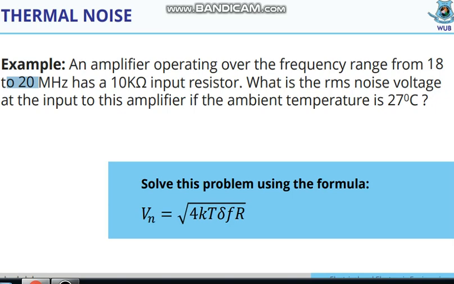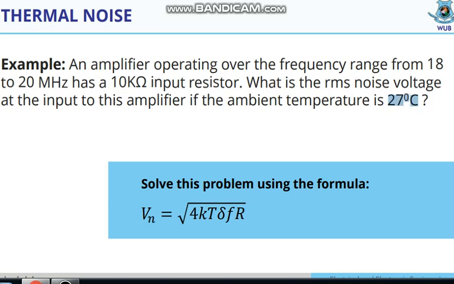First of all, we have to find out the bandwidth: 20 minus 18 is 2 megahertz. It has a 10 kilo ohm input resistor, that means the value of R. What is the RMS noise voltage at the input of this amplifier, if the ambient temperature is 27 degrees Celsius?